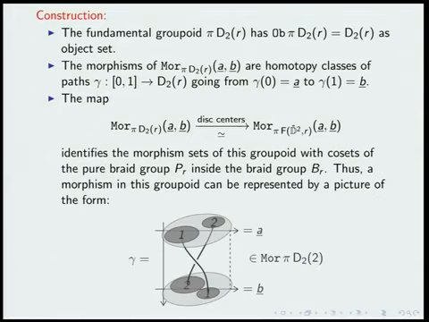Okay, so I'm going to give a picture of a morphism in this fundamental groupoid. So it's the domain. Okay, you start with such a configuration of little 2 disks. Okay, the codomain is this configuration, and between you have a path in the configuration space, which up to homotopy is the same as a path in the little 2 disk space going from this configuration to this one.